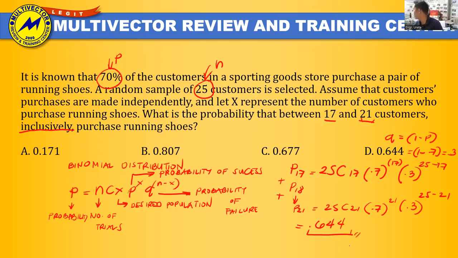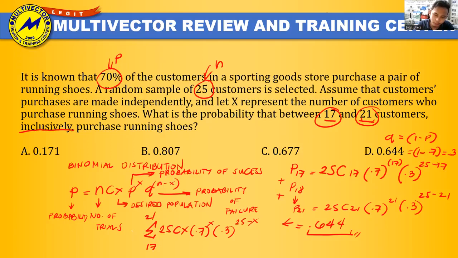Okay, so para hindi na kayo mahirapan, pwede kayong gumamit ng summation formula. Okay, so summation, ito lang din yun, no? Summation ng aking number of persons, CX 0.7 raised to X, 0.3 raised to 25 minus X. Okay, so sinabi niya kasi dito from 17 up to 21, yun yung probability.